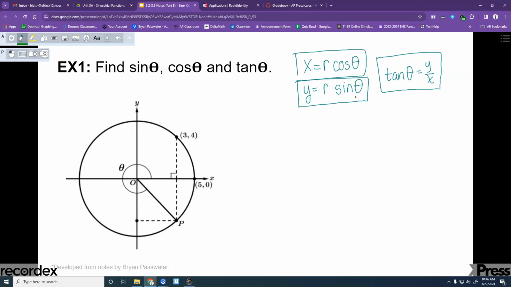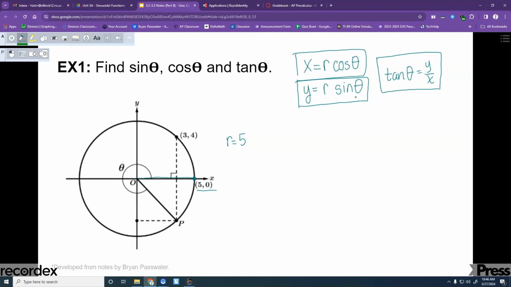So what is my radius of the circle? It is 5. And I know that because this point right here is at 5, 0. I also could do some Pythagorean theorem with my 3 and 4 if I wanted to, but it shows us that we've got 5, 0 right there. So the radius is 5.